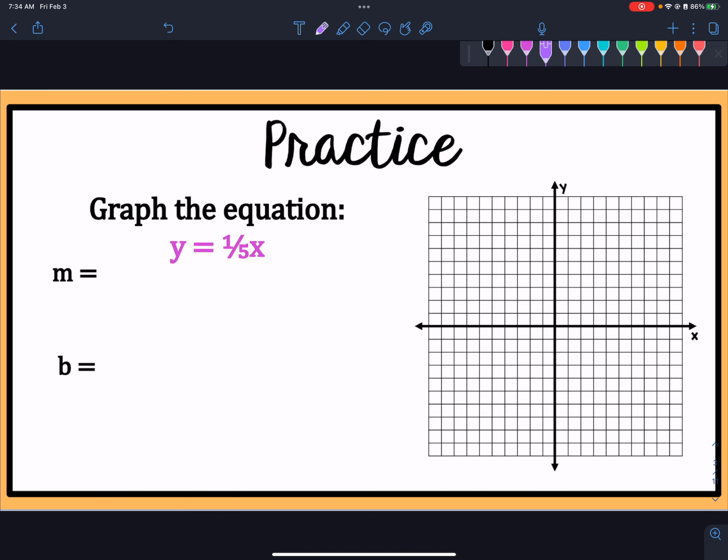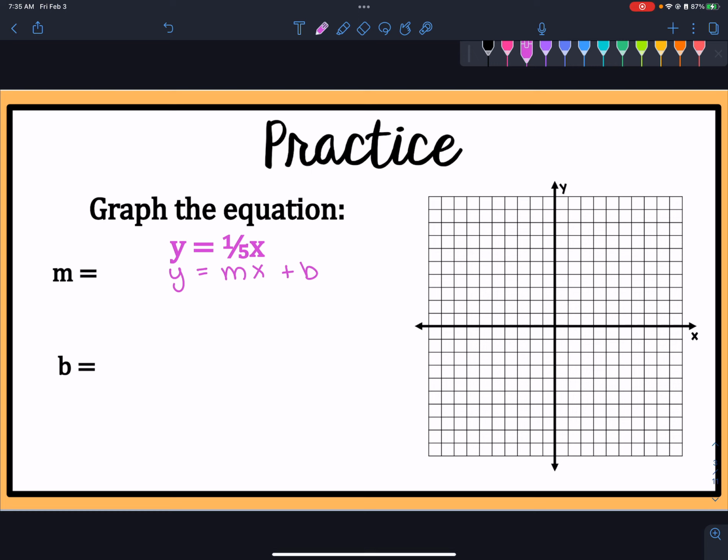So today we're going to practice graphing equations. So instead of looking at a graph and finding the slope and finding the intercept, today we are going to actually focus on, okay, here's an equation, how do I graph it? So if I'm looking at this equation, as a reminder, it's always going to be set up as y is equal to mx plus b.